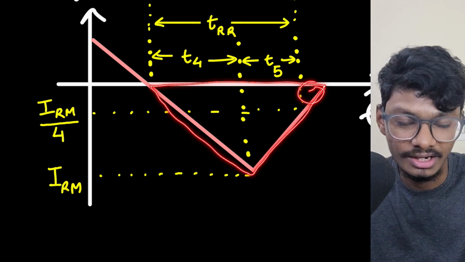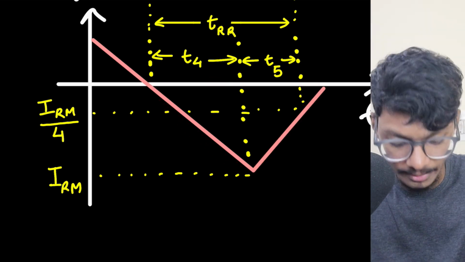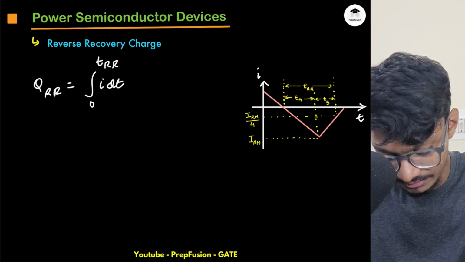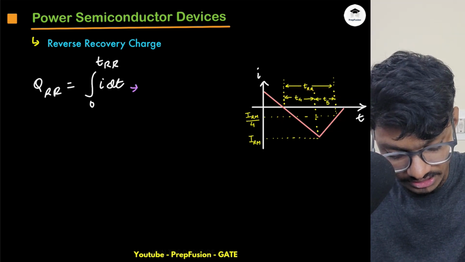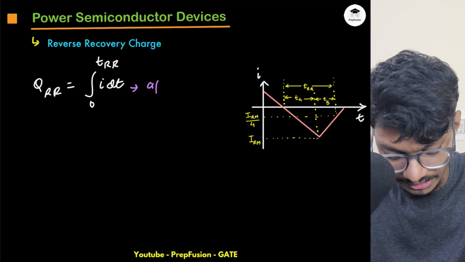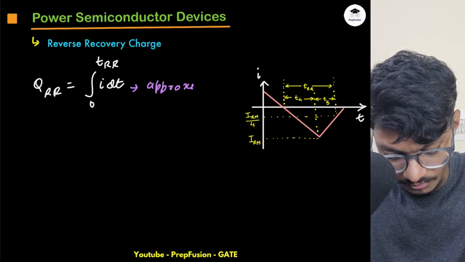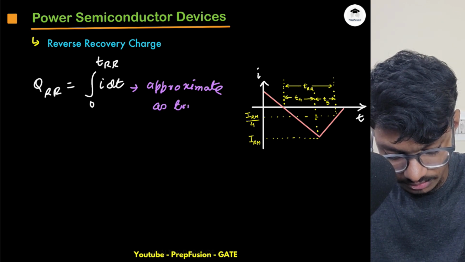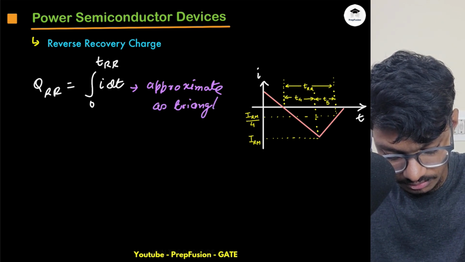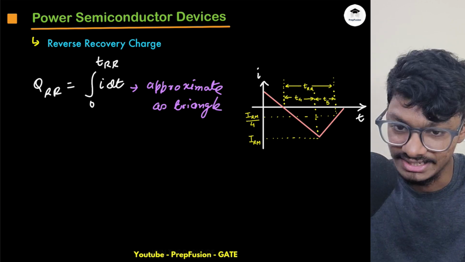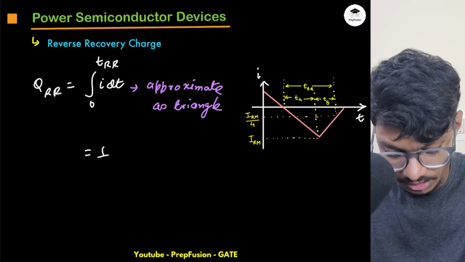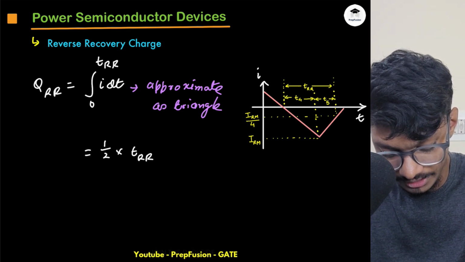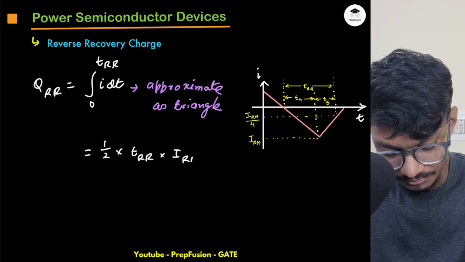This much part doesn't make much difference, so I will approximate it as almost a triangle, even though this is a quadrilateral. If I approximate it as a triangle, this will be half times base times height. Base is TRR, height is IRM.